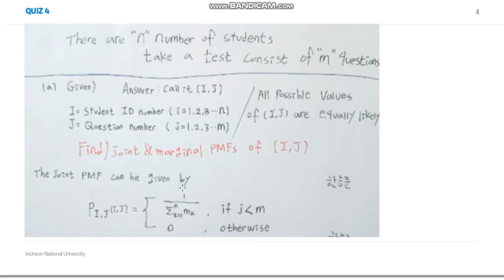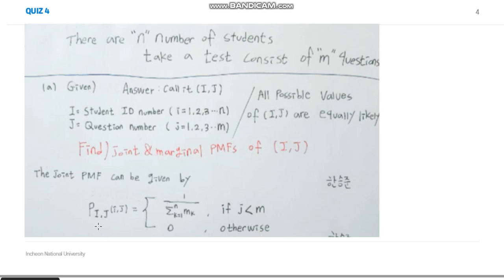So the summation is 1, and j must be smaller than m_i, because j is the question number. Otherwise, the probability is 0.